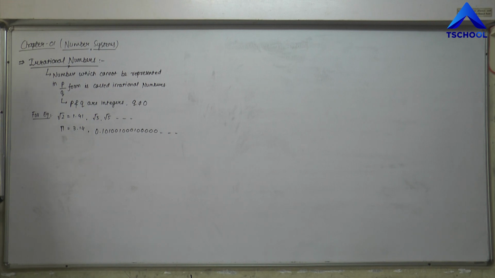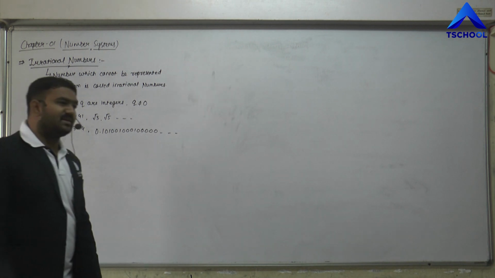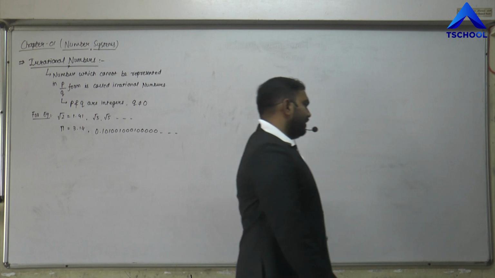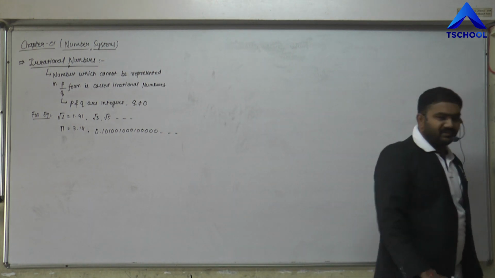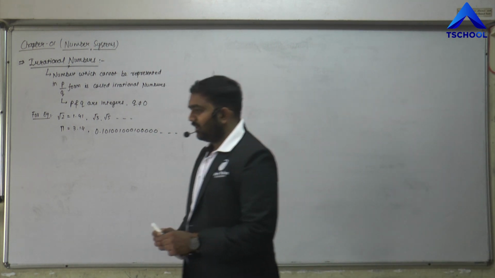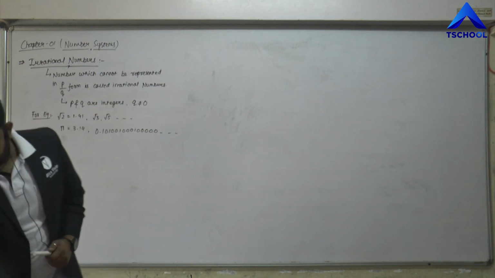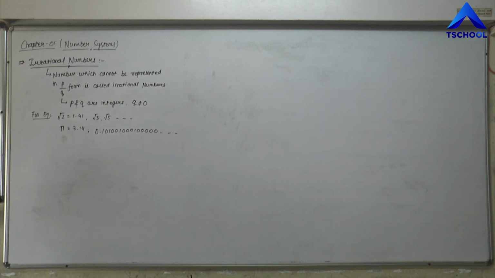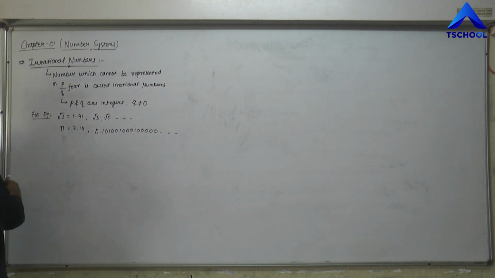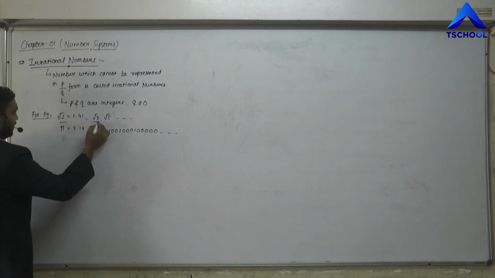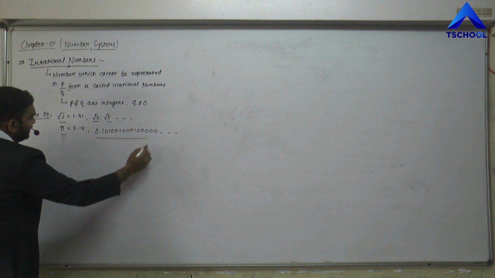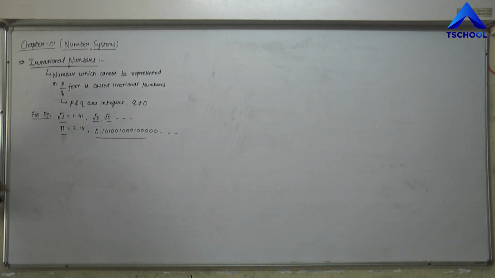Neither is it recurring. So the irrational numbers are such numbers which have a non-terminating decimal expansion also. Now, what does a decimal expansion mean? That we are going to look at in the next topic again, right? So first of all, let us deal with these irrational numbers. This is a very small topic. So irrational numbers are this kind of numbers. This can be represented by root 2, root 3, root 5, pi, and these non-terminating decimal numbers, right?